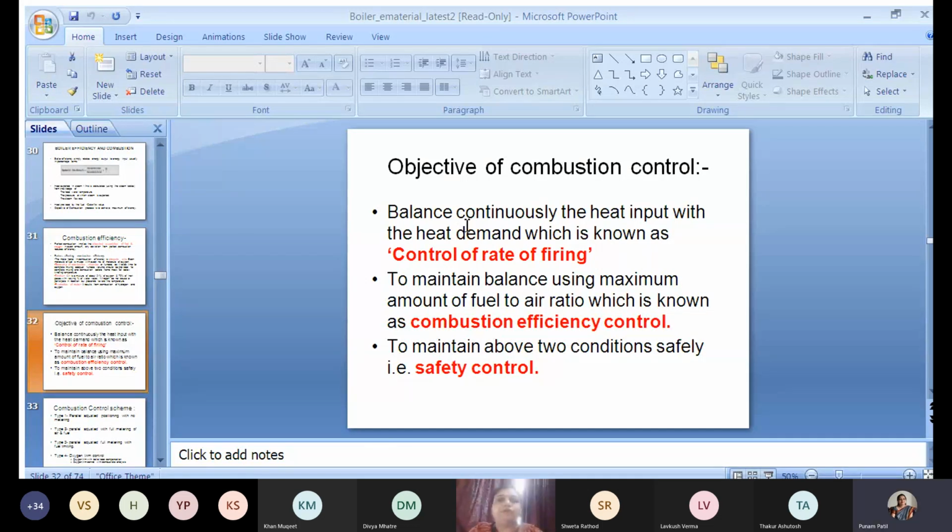What we want: control the rate of firing, control the efficiency, but in obtaining the above two objectives, we need to take care of the safety, because in a combustion furnace very high temperature and pressure are there. So hazard risk is more in such an area. So we need to provide some interlocks to provide the safety. So objectives of combustion control: control the rate of firing, combustion efficiency control, and safety control. Remember this.